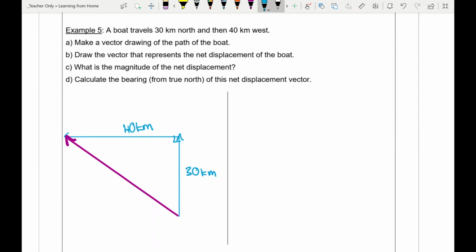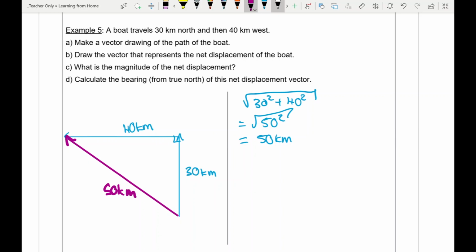So we'll still do the maths correctly. We take 30 squared plus 40 squared, and that's going to give us 50 squared. So we can see that this is like 10 times bigger than a 3, 4, 5 triangle. So we get a nice round 50 kilometers as our net displacement.